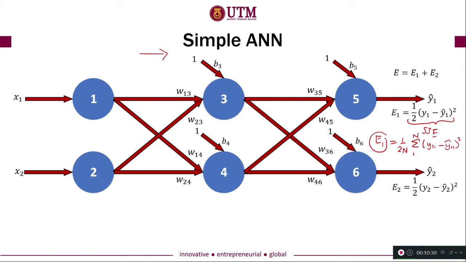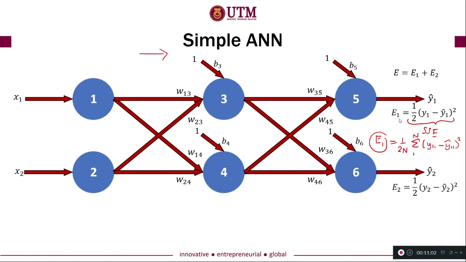But for SSE, we don't have to compute 100. You just take one sample of data, sample number 1, you compute, then you can already get your E1. But with MSE, in order to obtain the E1 here, you need to compute all 100 samples inside your training data, then you can compute the E1. So that is the difference. But here I'm using SSE.